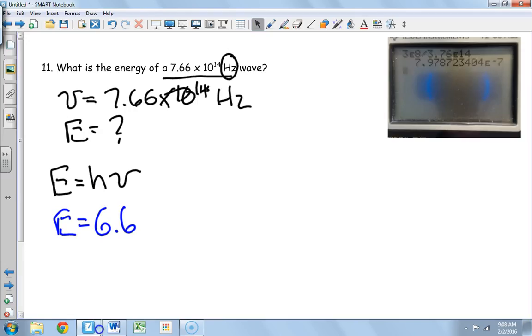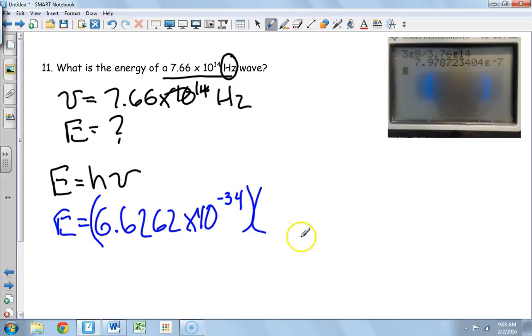So 6.626 times 10 to the negative 34, and I'm going to put that in parentheses here. I probably won't do it in my calculator. Times 7.66 times 10 to the 14th.